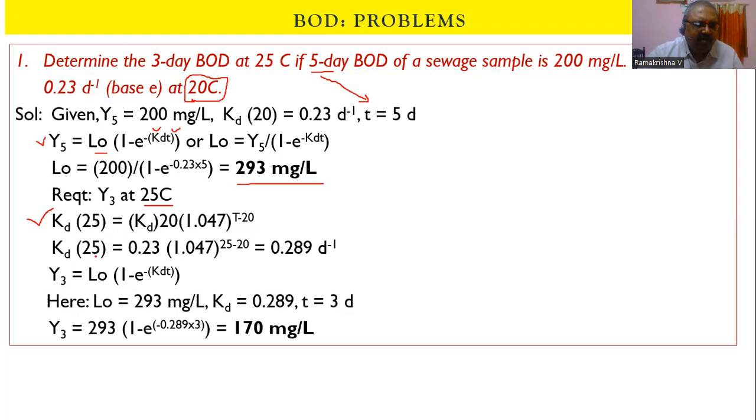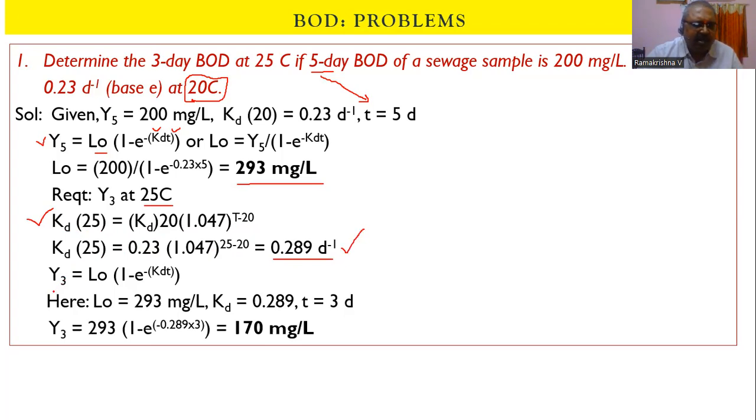KD at 25 we want. At 20 centigrade, the KD value is 0.23, into 1.047 to the power of 25 minus 20, this is the exponent. So you calculate this KD at 25 as 0.289 per day.